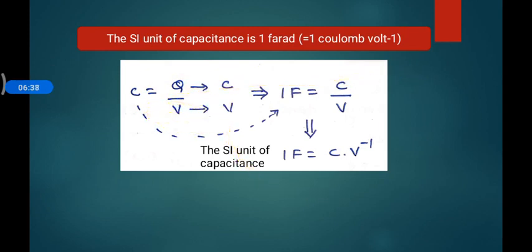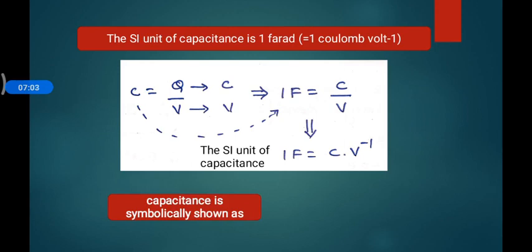So 1 Farad is equal to 1 coulomb per volt, otherwise coulomb volt inverse.